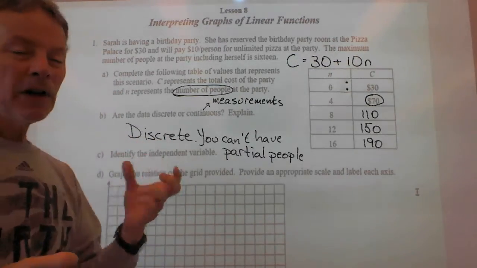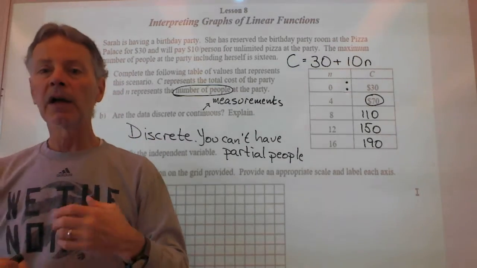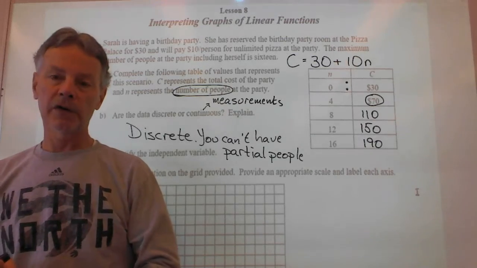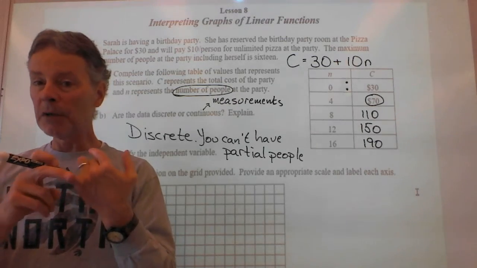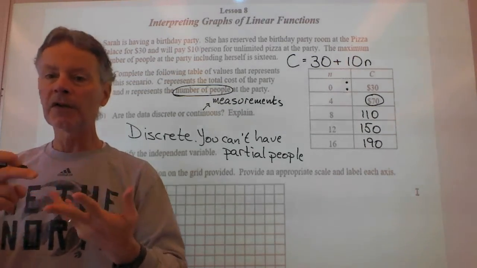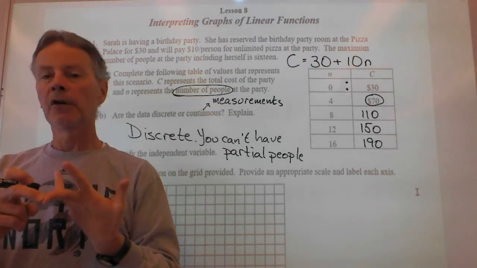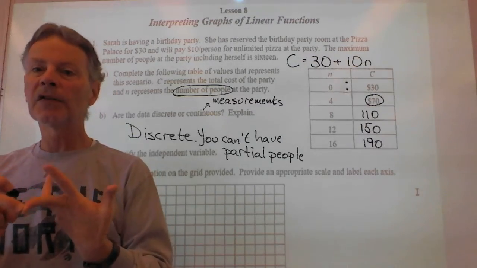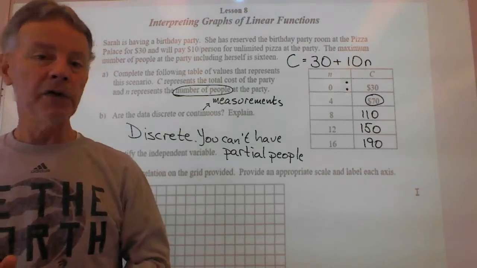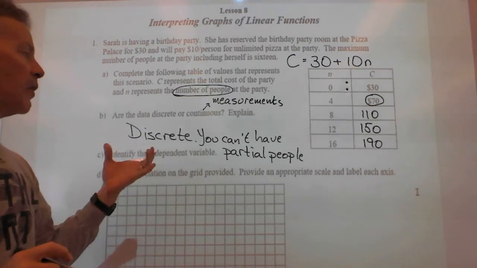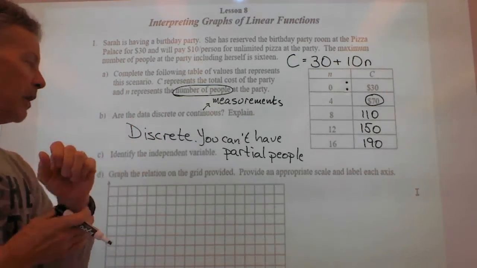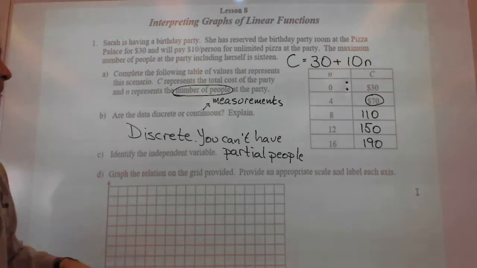And generally, if it's objects, it's always discrete. So whether those objects are people, or coins, or days stayed at a resort or something like that. All of those things can't be broken up into smaller bits.